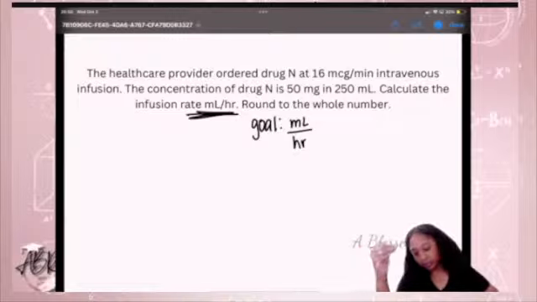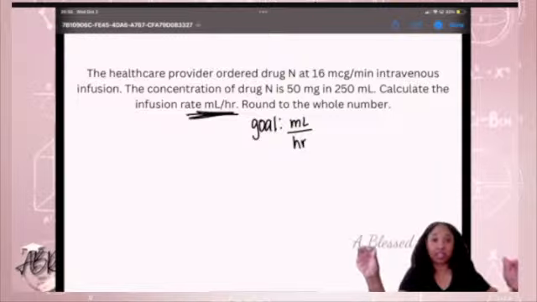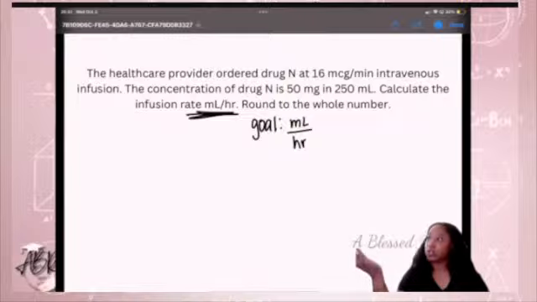So our goal, we got what we want our picture to look like, the puzzle, right? The equation must have everything crossed out on the top except for milliliters and everything crossed out on the bottom except for hours, okay? So this is a weight-based problem. That means that we're going to use the patient's weight to figure out how much they're going to get.